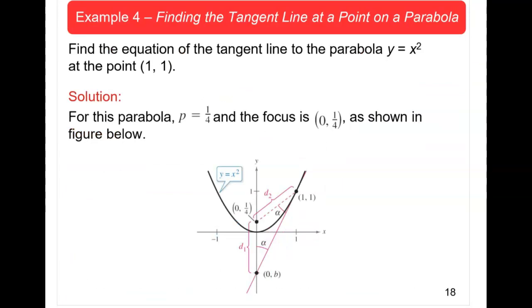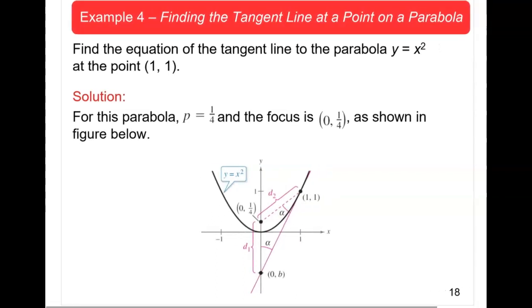So example 4 says, find the equation of the tangent line to the parabola y equals x squared at the point (1, 1). So the equation of the tangent line that we have to find is the equation for the line that I'm about to highlight. That line right there.